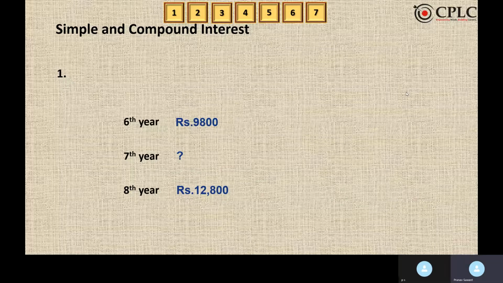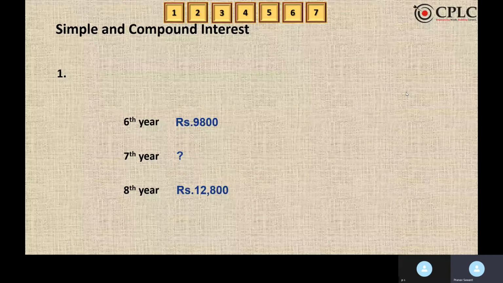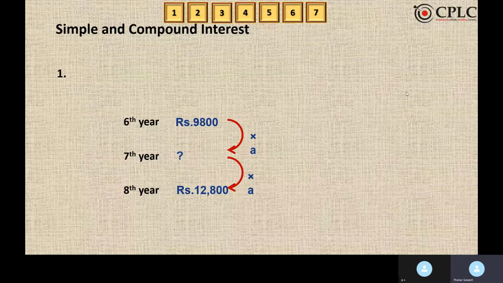So basically, if I multiply that ratio to this 9,800, we'll get the amount of the seventh year. And if I multiply the seventh year's amount by that particular ratio, I'll get the amount of the eighth year, that is 12,800. So this means I am multiplying the ratio twice.